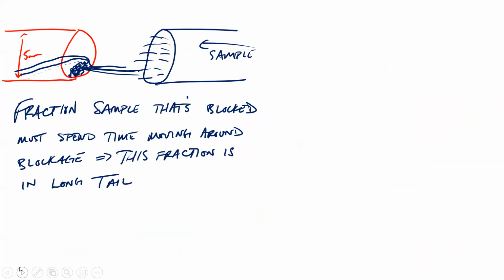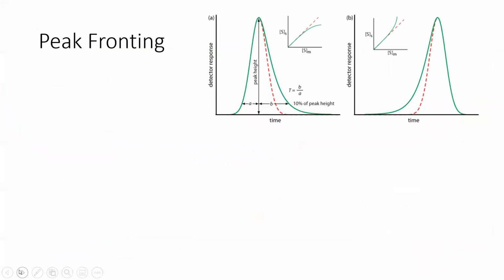All right. The last thing, and this is related, of course, is peak fronting. Peak fronting is really not common, right? And so this is much less common than tailing.